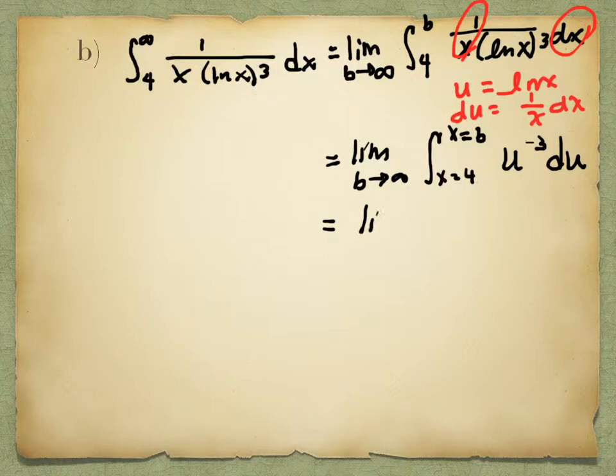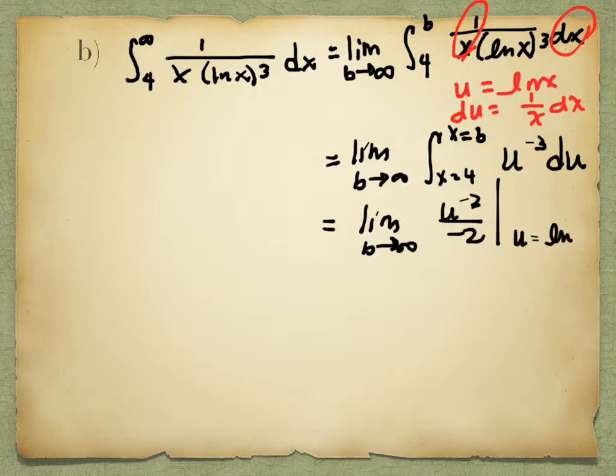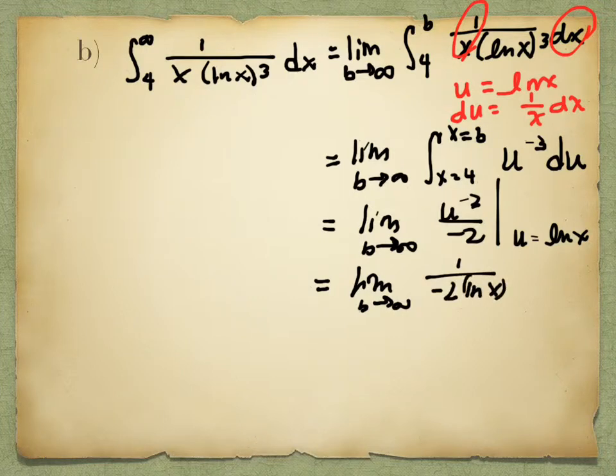Let me write my limit first. U to the negative 2nd over negative 2. And then this needs to be evaluated back in terms of x, so I need to turn my u back into ln of x. Looking at what I actually have, this is b goes to infinity, and I have 1 over negative 2 natural log of x quantity squared, evaluated at b and 4.